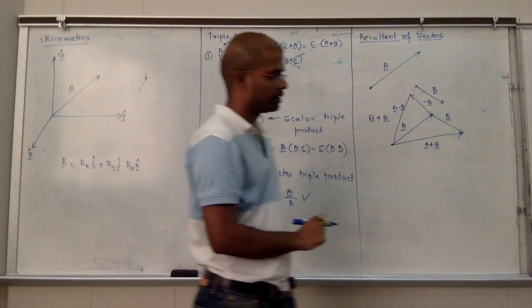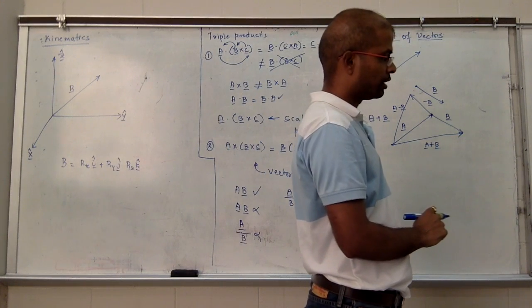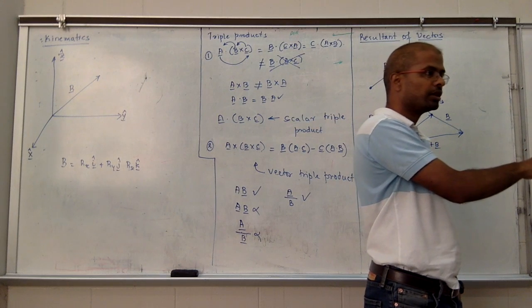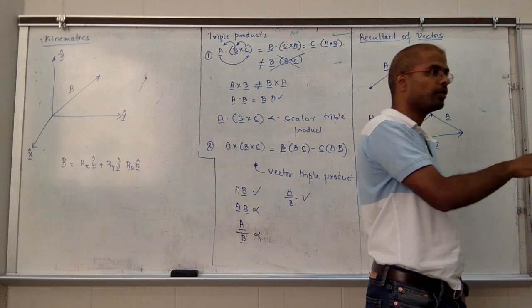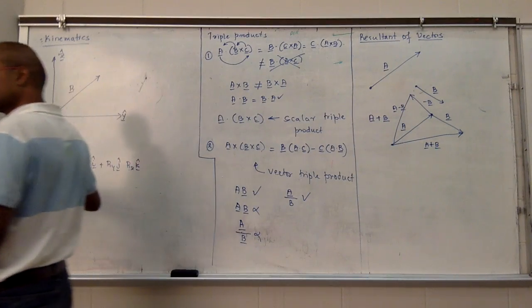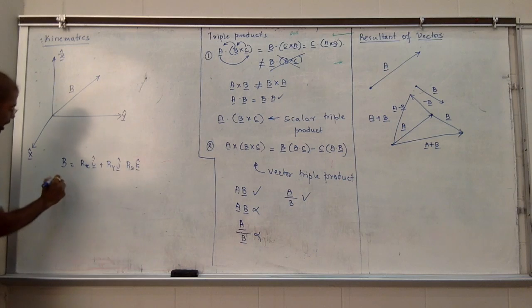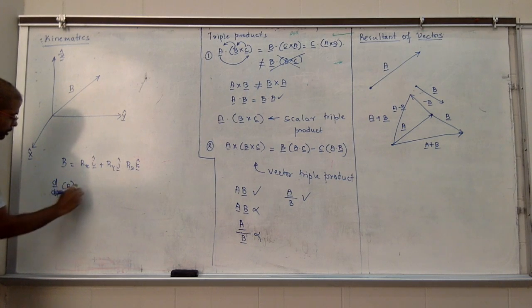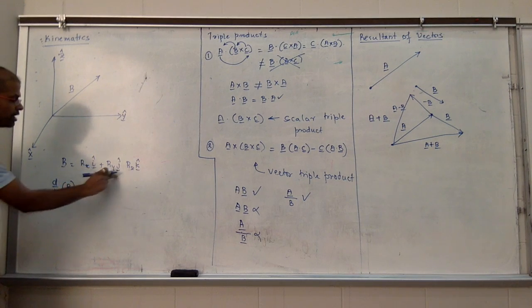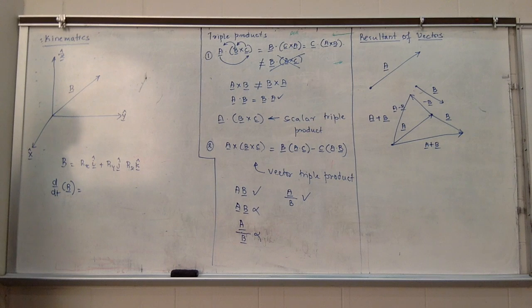Now, this reference frame is fixed, right? If you want to take the derivative of this, to figure out the velocity, d over dt of r is equal to what? Are this i, j, k changing? No, they are not changing.